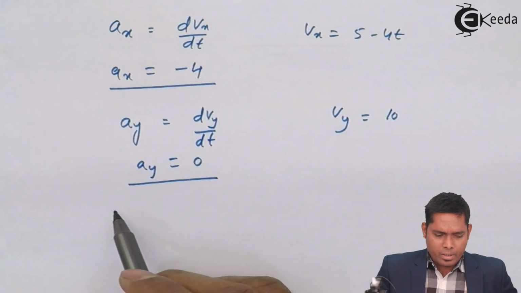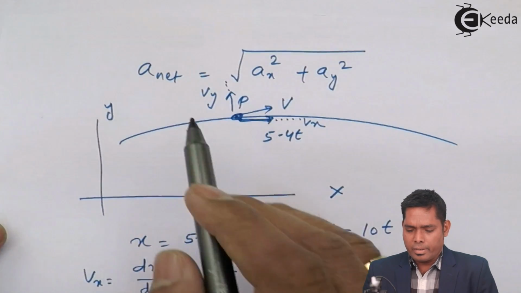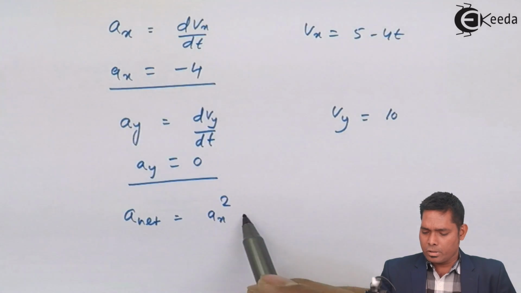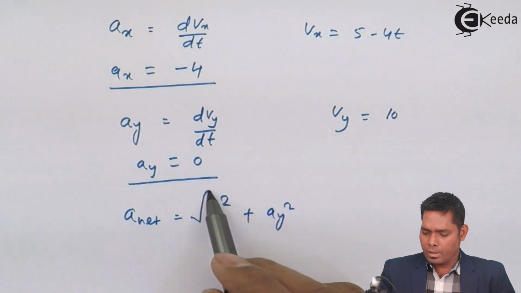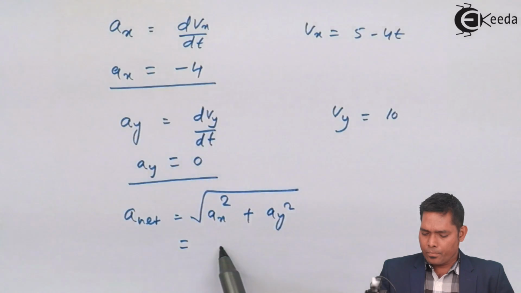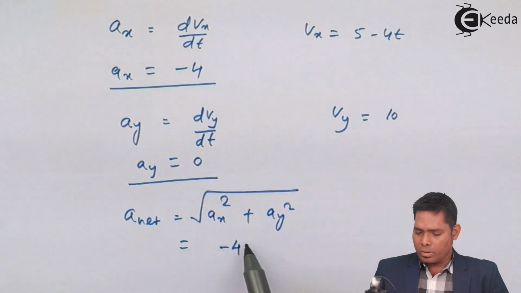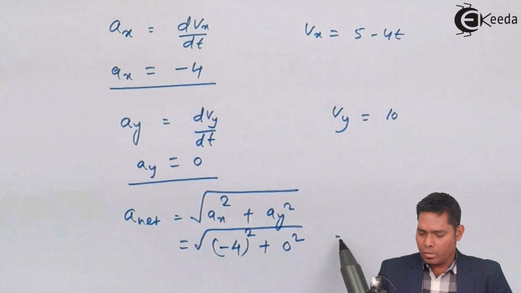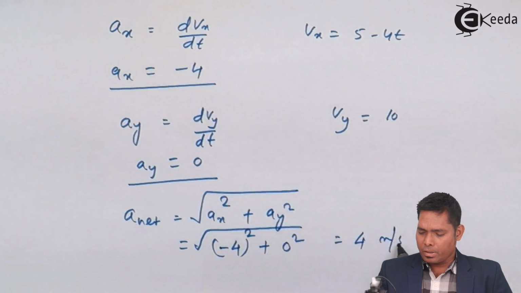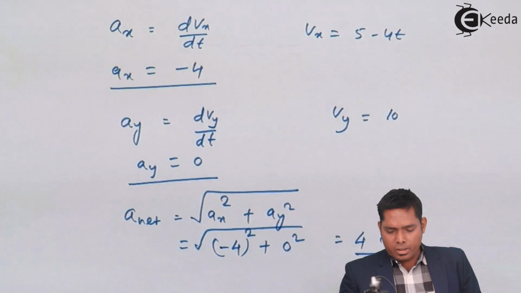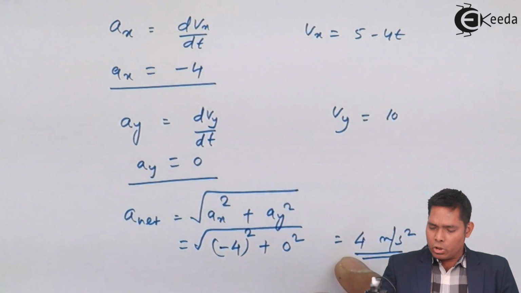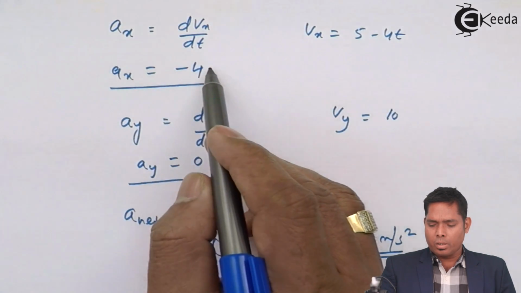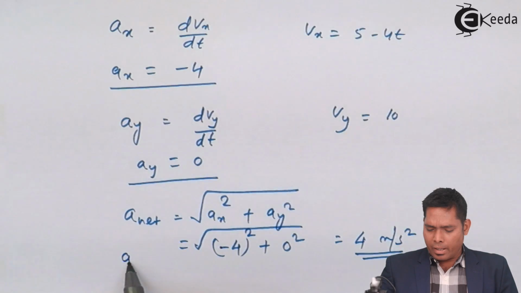Now our need is to find the net acceleration, so obviously the net acceleration is the square of the components, added, and then taking the root. This is minus 4 square, the magnitude, and 0 square, so it is 4 only. 4 is the magnitude, but as far as direction is concerned, it is minus 4 meter per second square, only the x component.